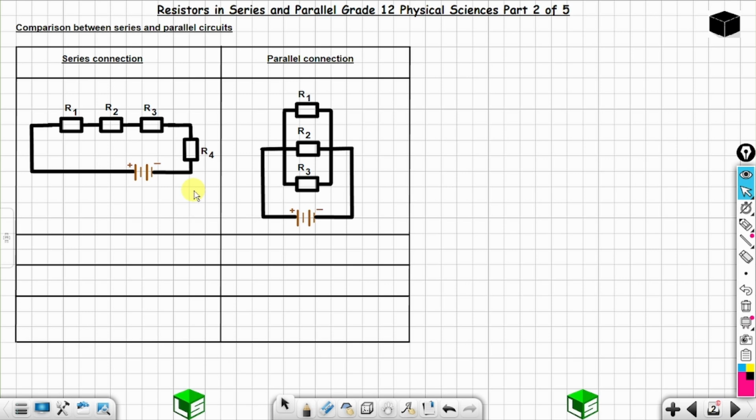So let's start with current. Always think of current as a flow. Let me show you.